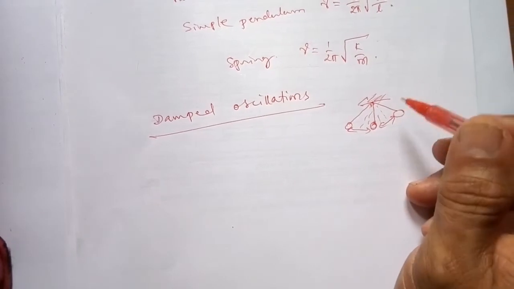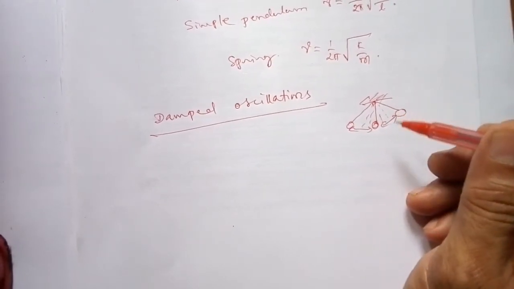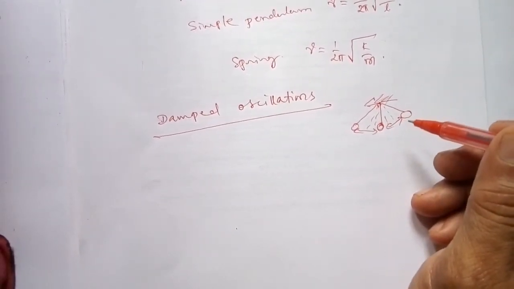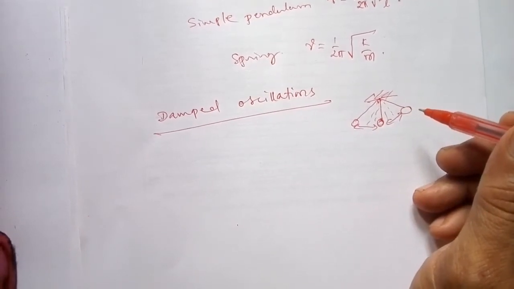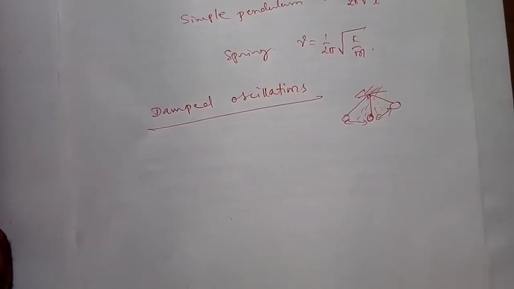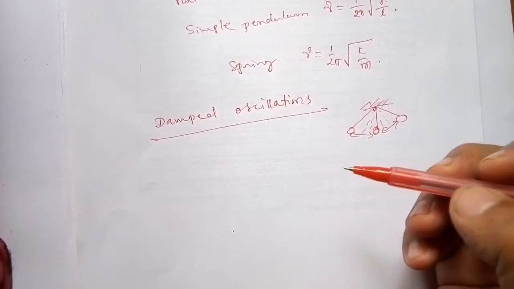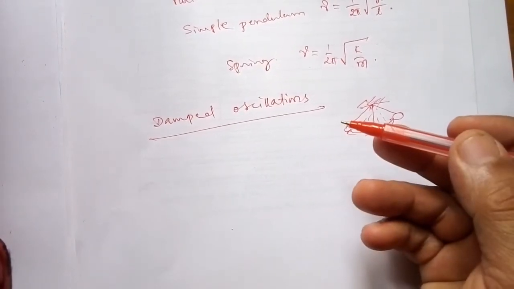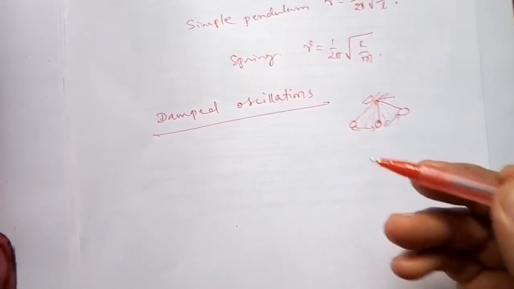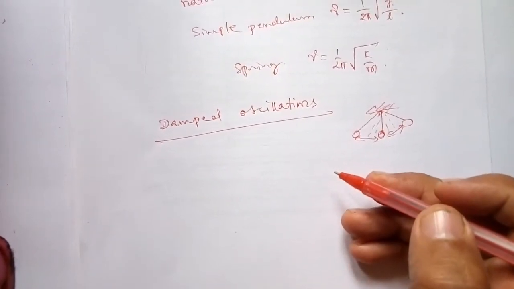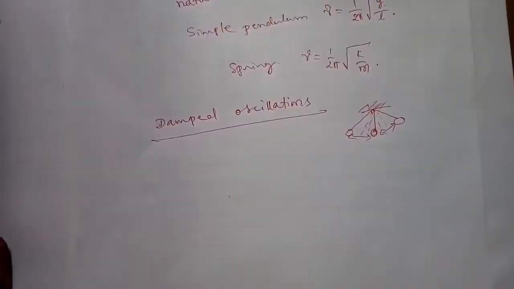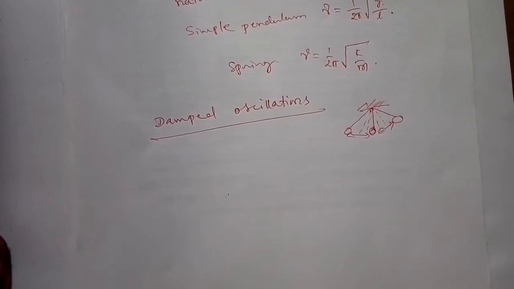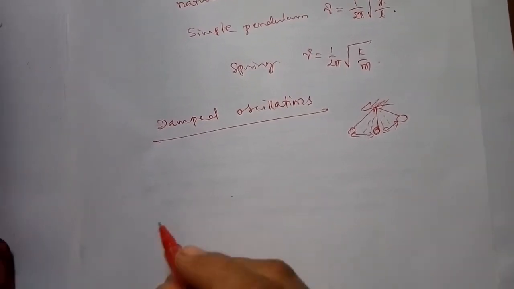So energy is lost because of the resistive medium or viscous force. This decay of amplitude of the oscillating body with time is called damping, and the oscillation is called damped oscillation. Under the influence of a damping force, the oscillation is called damped oscillation.